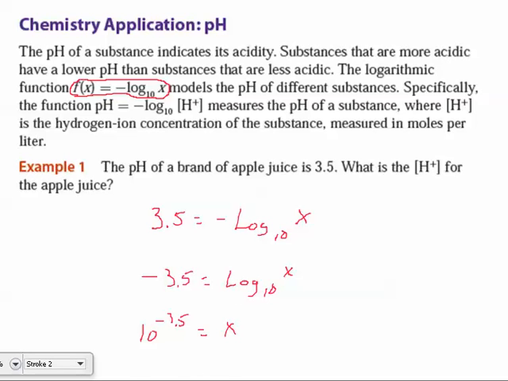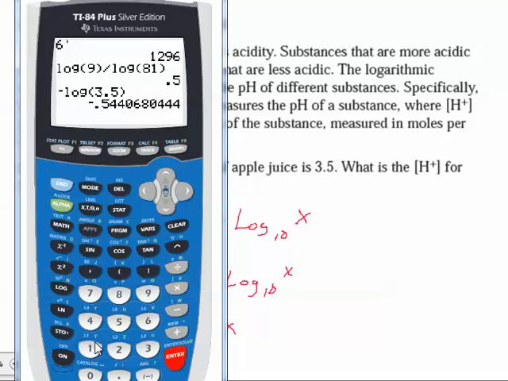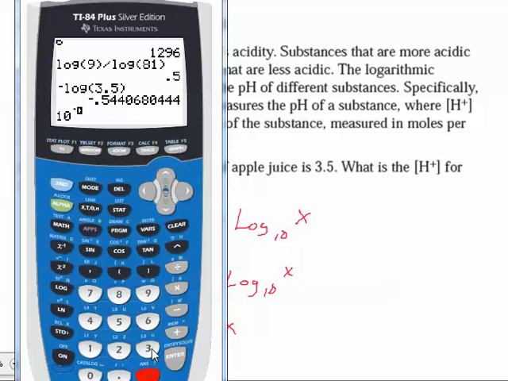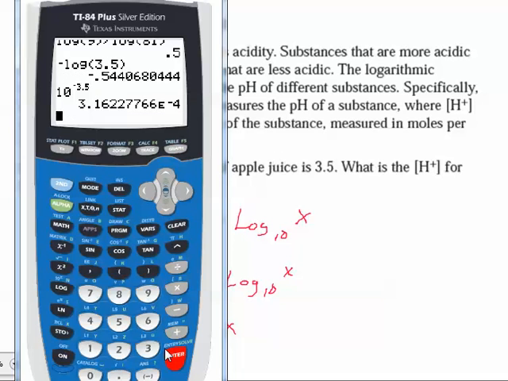Okay? Well, that's something we can do on the calculator too. That's 10 raised to the negative 3.5. And what do we get when we do that? Let's get rid of that parenthesis. We didn't need it. We get 3.16.